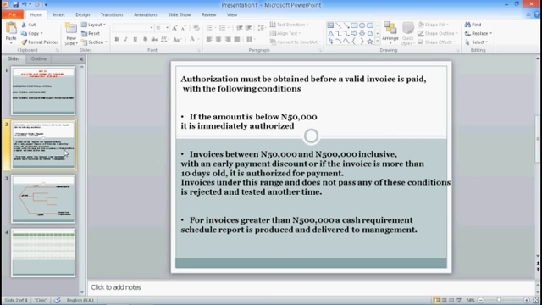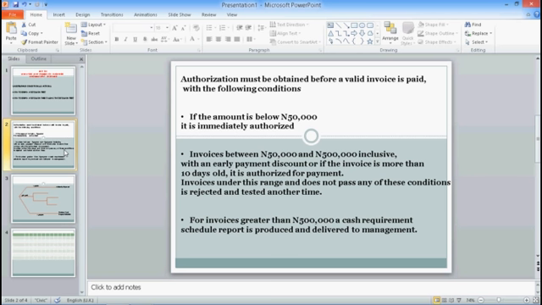That means if the invoice is within this range and it has an early payment discount, or if it is more than 10 days old, it is authorized for payment.